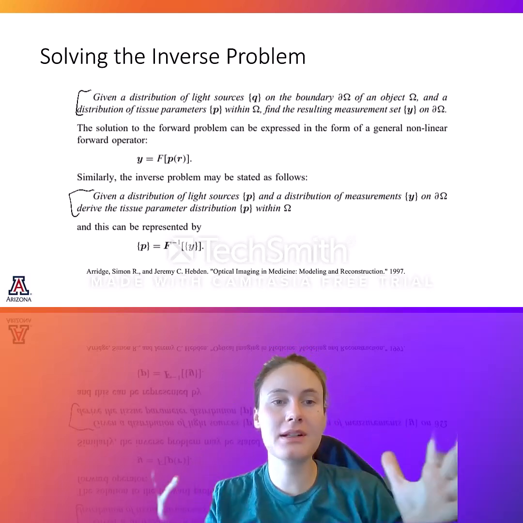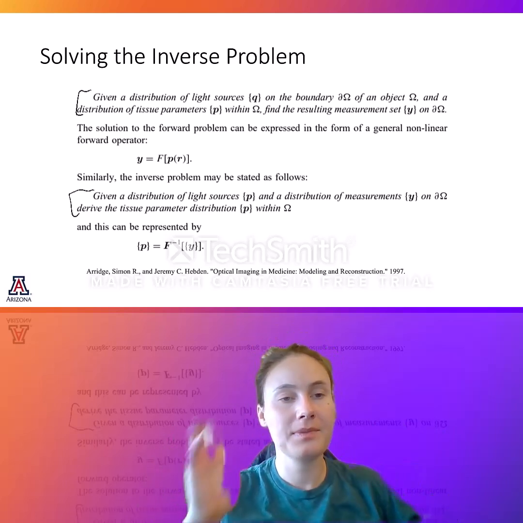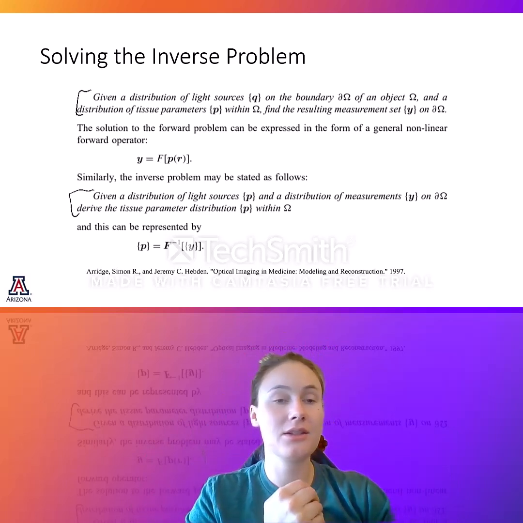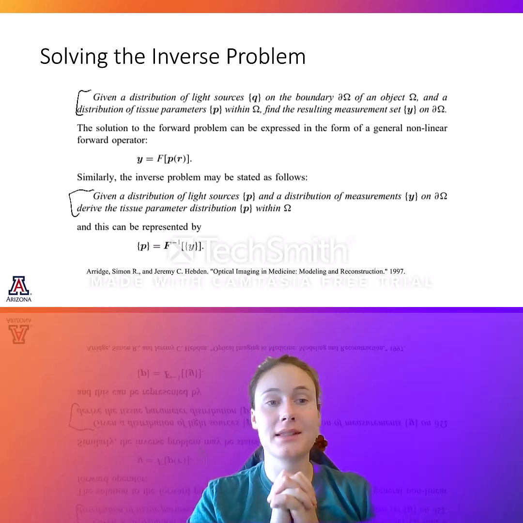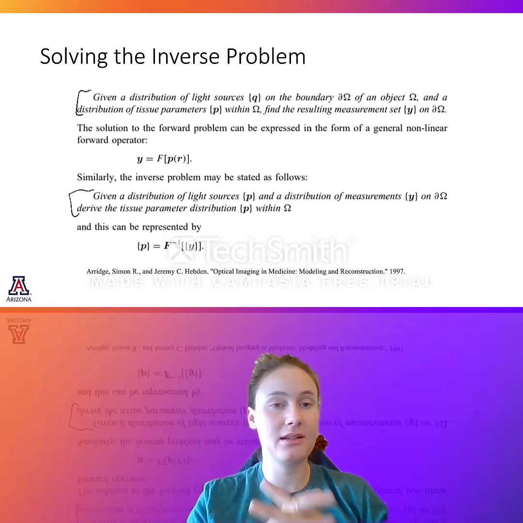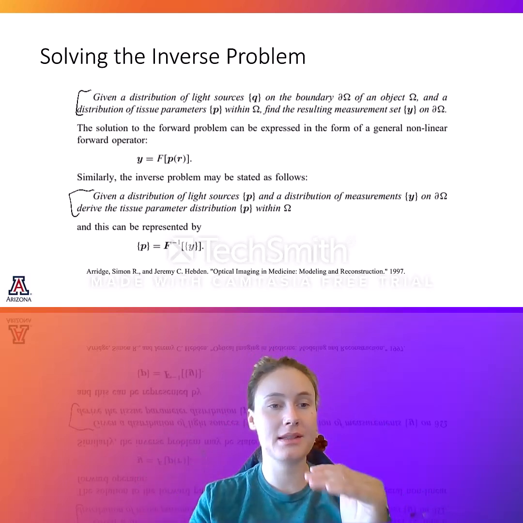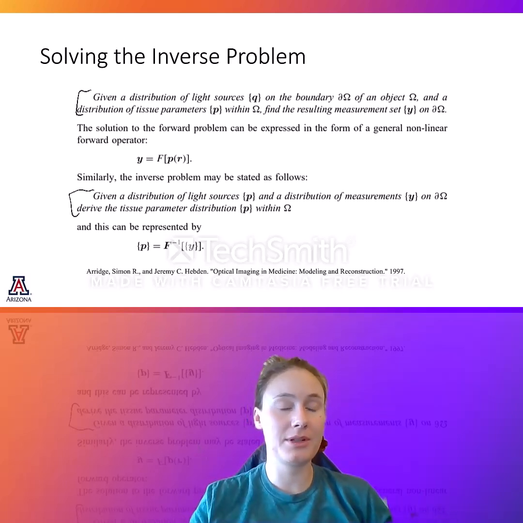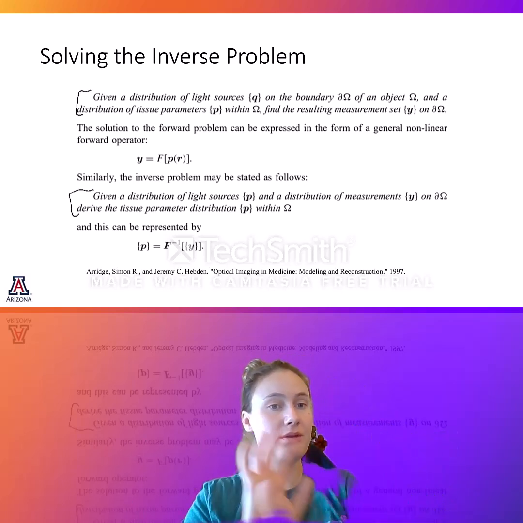The forward problem, so that we understand what we're working with, is that you're given a distribution of light sources on the boundary of an object, and you're given a distribution of tissue parameters within that boundary, resulting in some measurement set y. This is typical forward imaging. You have a light source, you have an object, and then you have an image. So y is essentially a Fourier transform of p, which is the distribution of tissue parameters. But what if we can't get that? So now we're going to inverse that.